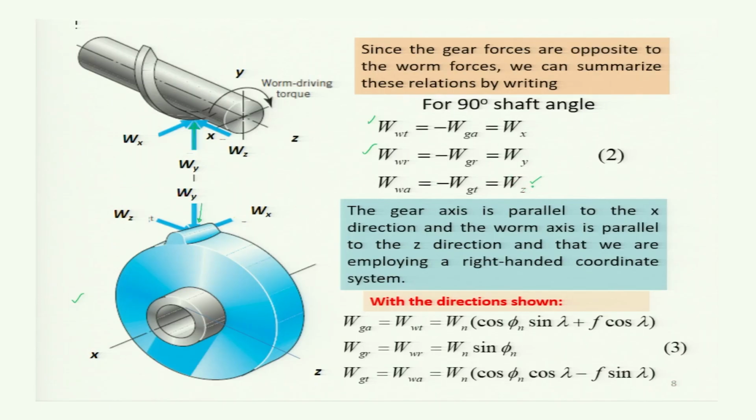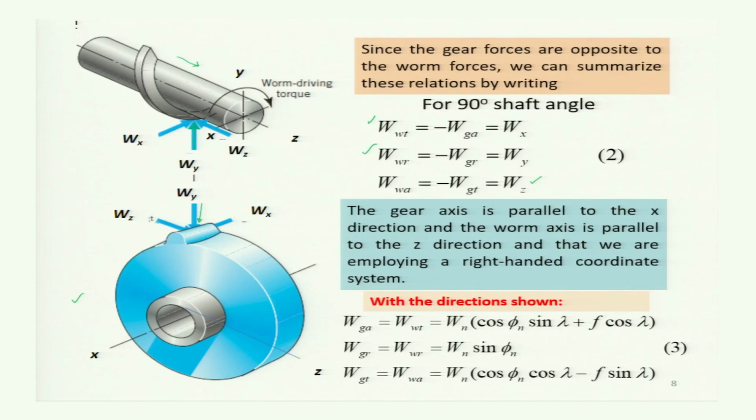Well, the gear axis is parallel to the x direction and the worm axis is parallel to the z direction, and we are employing a right-handed coordinate system as we did for the previous cases. That means when you give rotation to this worm, then the gear should move in this way, analogous to the nut.